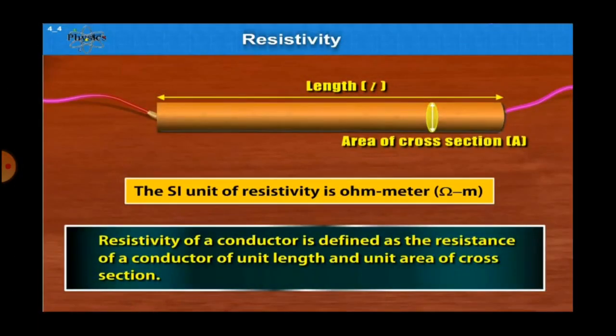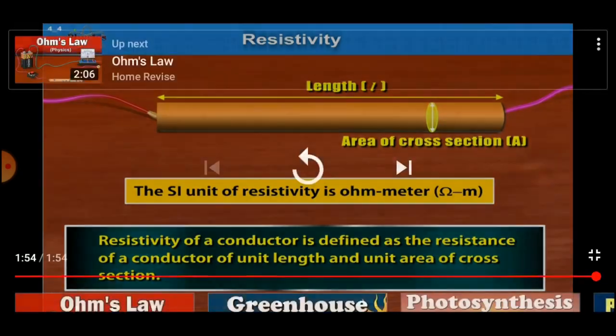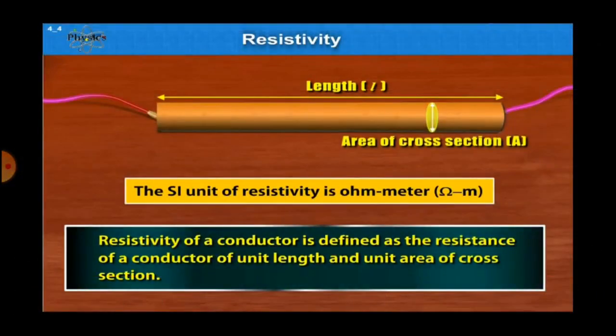If you change the material, suppose the copper is replaced by aluminum, then also the resistivity will change. So the resistivity will change only with respect to two important factors: one is the nature of the material, another is the temperature. Other than that, the resistivity will not change with respect to length and area of cross section.